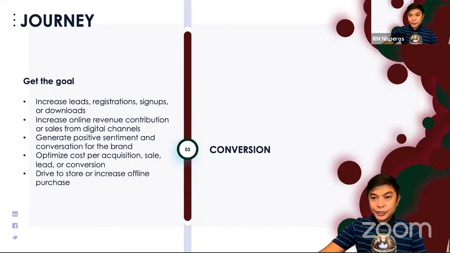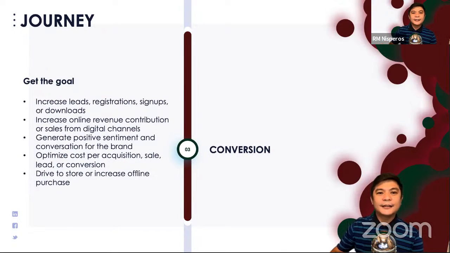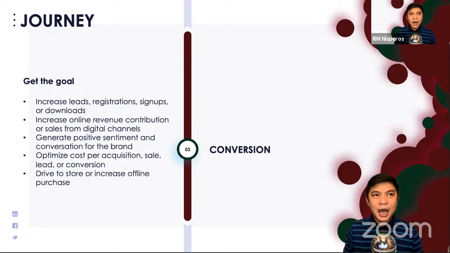And conversion is really getting the go. So if you want to sell, this is the time you promote something that is really about selling. It's not just about selling or revenue. It could be just a lead. A lead is an individual or a profile that you have contact information for.